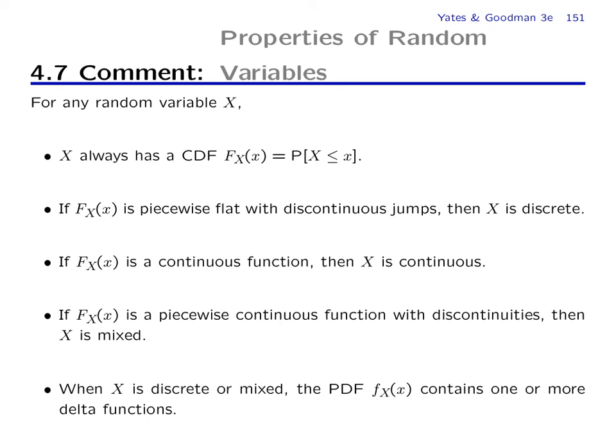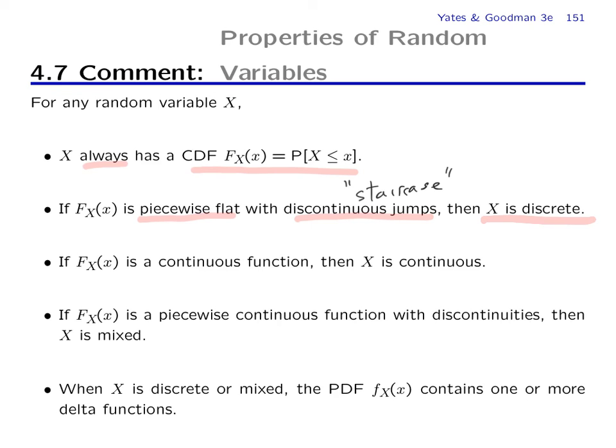So it's worth summing up what we've learned here. A random variable x always has a CDF. If the CDF is piecewise flat with discontinuous jumps, i.e. a staircase function, then x is discrete.